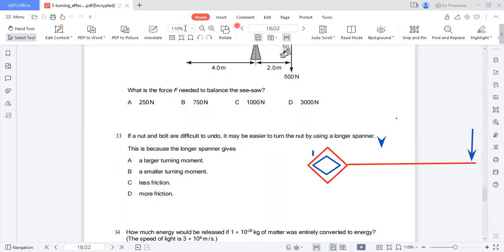Friction is not linked with it; there is no connection of friction in it. So when we have a longer spanner, a large turning effect will be generated, so we can easily open it. So our option is that a larger turning effect is generated when we have a large spanner.